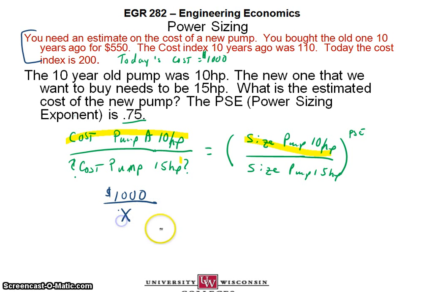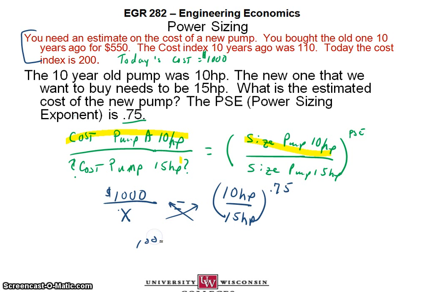We don't know the cost of pump B, that's what we're looking for, but we do know it equals 10 horsepower divided by 15 horsepower to the 0.75. And again, if we cross multiply this, we can figure this out. We have $1,000 is equal to x divided by 10 over 15 to the 0.75.